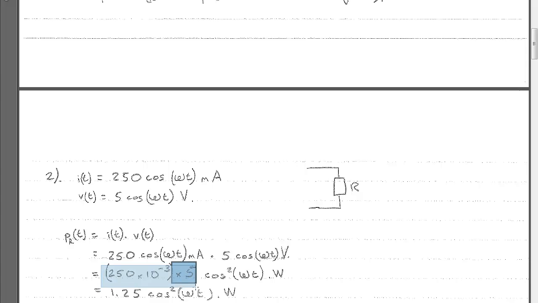I've moved all of the magnitude information over to this side. Then we're just left with two cosines multiplied together, and they're the same. It's cos omega t times cos omega t, which gives us cos squared omega t, and that gives us a value in watts. Our final answer is, multiplying the magnitudes together, 1.25 cosine squared omega t in watts. So that's your final answer there.